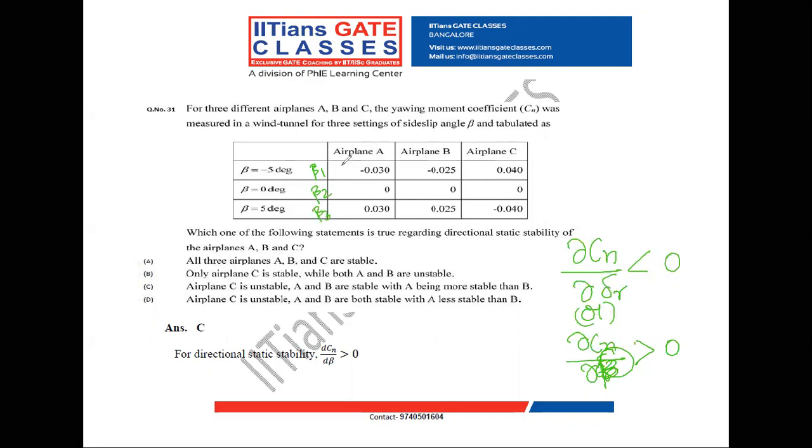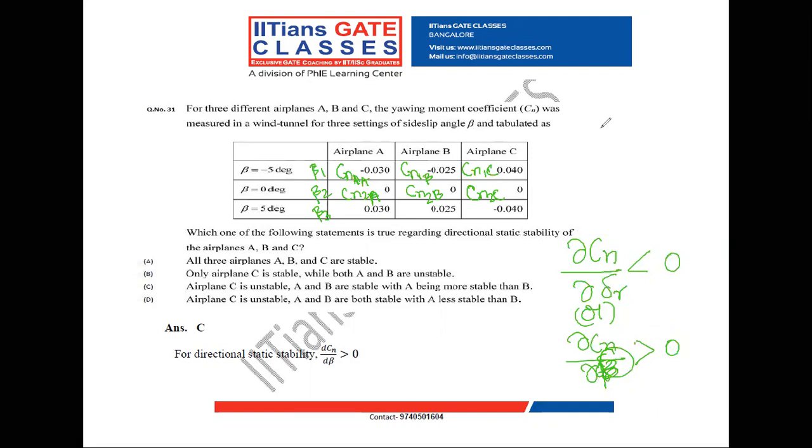This is Cn1 for airplane A, Cn2 for airplane A, and this is Cn1 for airplane B. Similarly for C. So what is the condition we require? ∂Cn/∂β should be greater than 0 for the airplane to be stable.